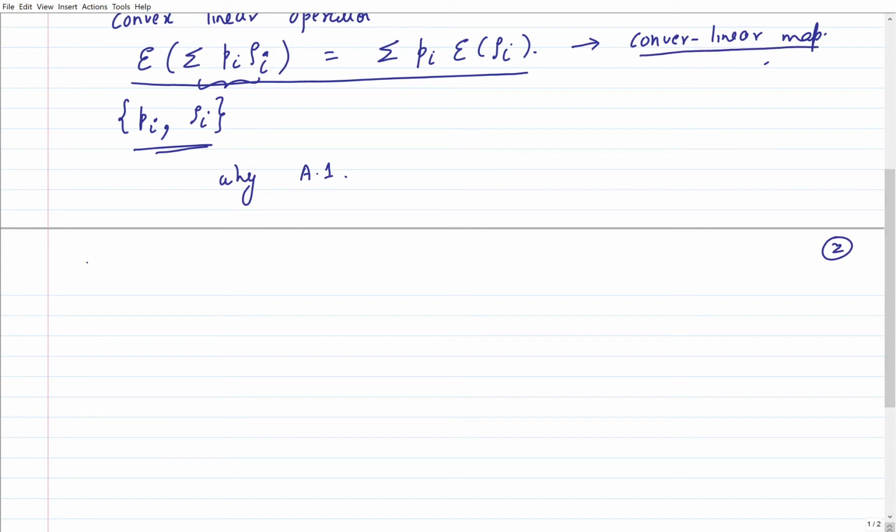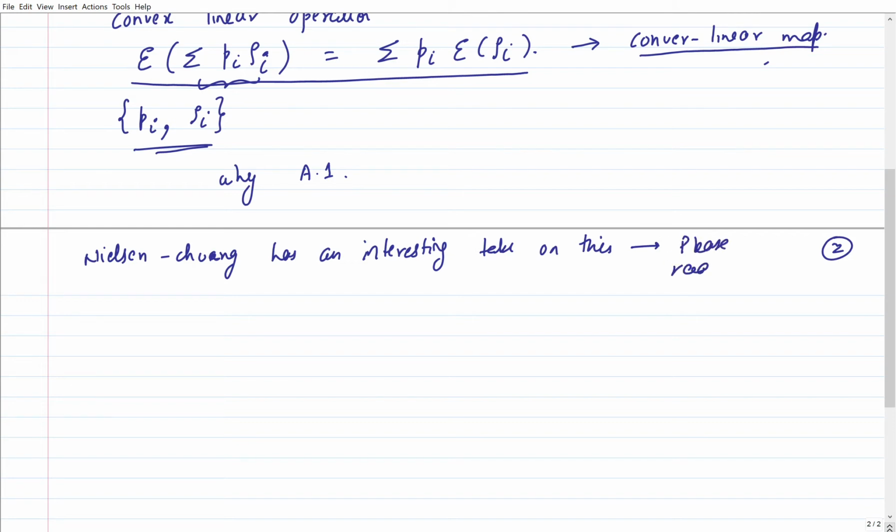And certainly the book Nielsen and Chuang also has an interesting take on this, so please go and read it. What I'll do is tell you intuitively what's going on: why the convex linear map is a reasonable or desirable assumption.